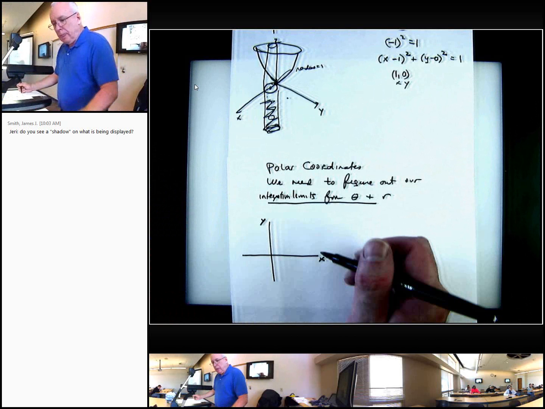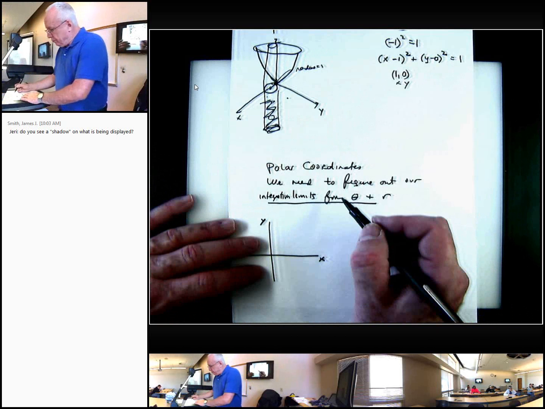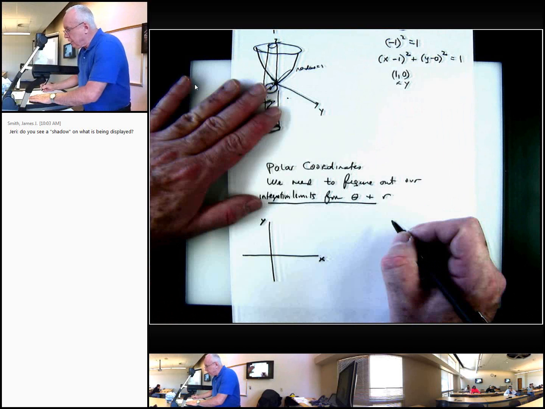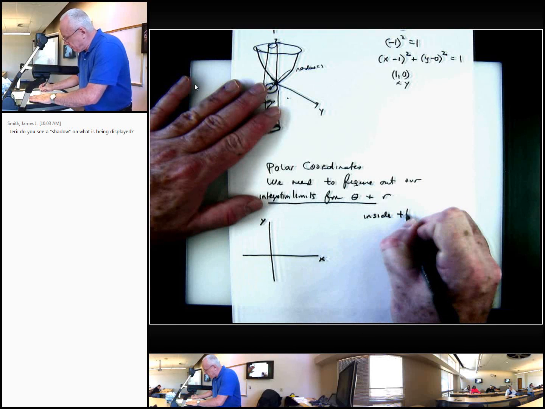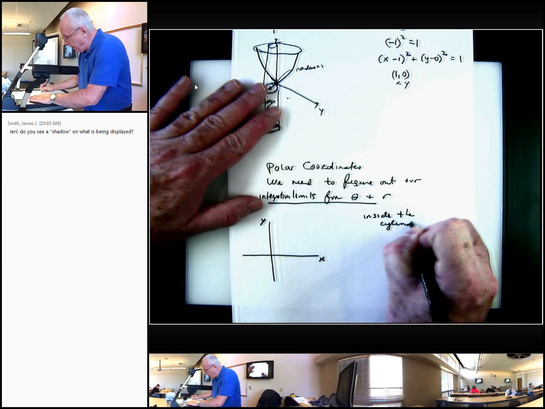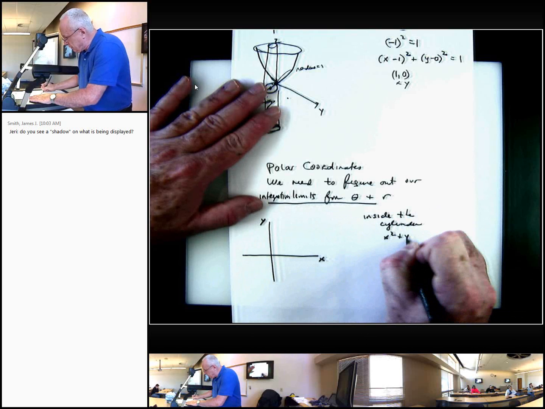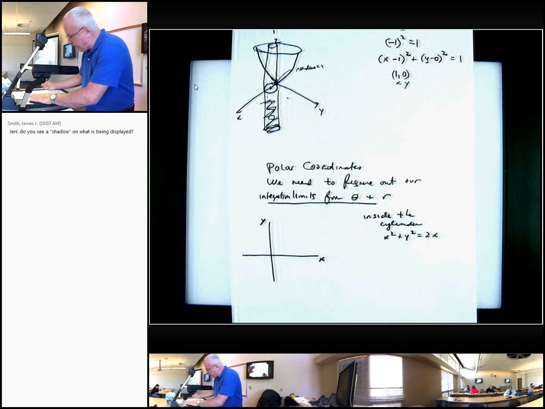What we're told here is that it has to be inside the cylinder x squared plus y squared equals 2x.